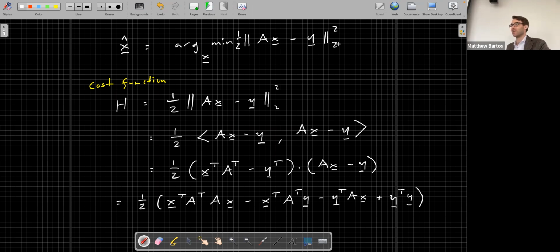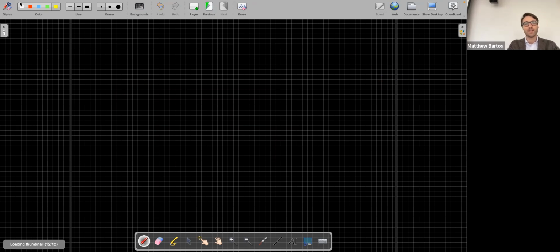What makes them nice for optimization? They're convex, right? So this is a convex problem, which means that we can efficiently find a global solution by taking the derivative of this cost function and setting it equal to 0.